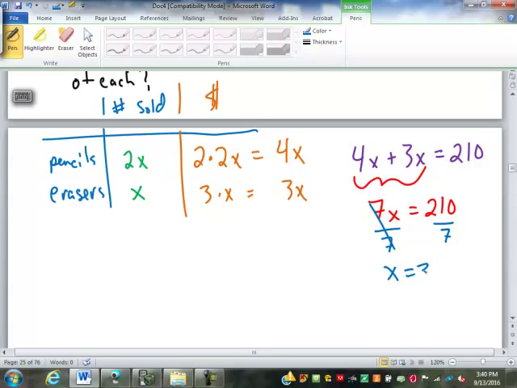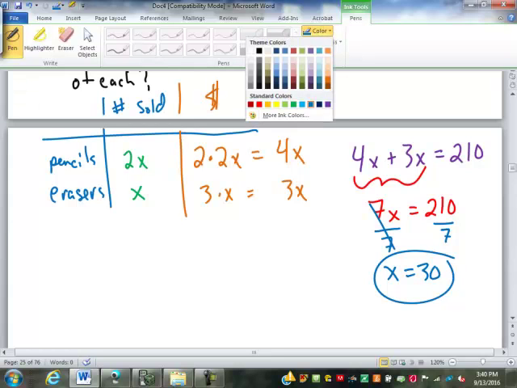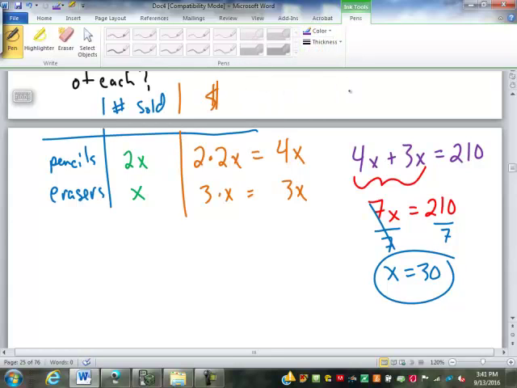X is going to equal 30. Where do we go from there? Well, 30 is X. That represents the number of erasers. 30 erasers. Pencils are going to be 2 times 30, or 60 pencils.